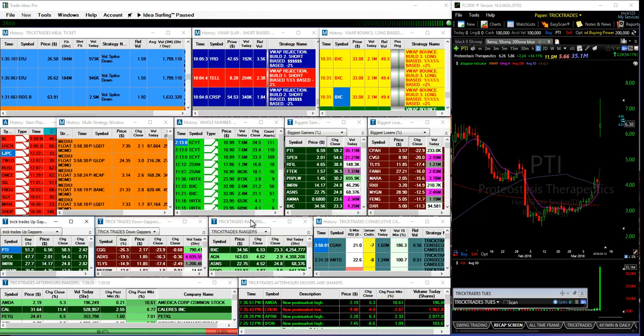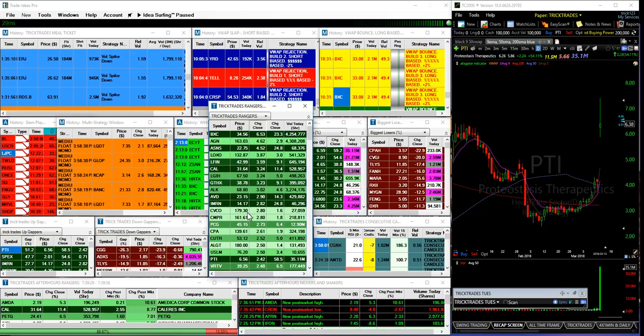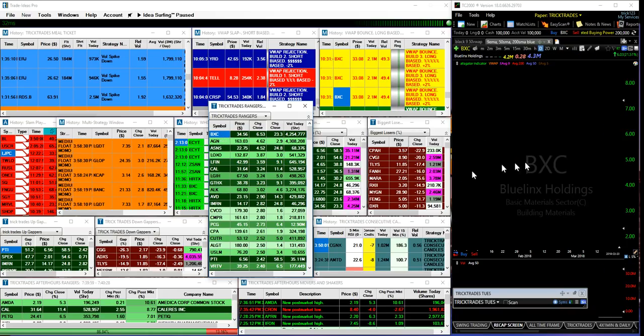Now the Rangers is a little bit different. It's a top list for pre-market, but this only finds the plays that have the most range. And I love stocks with range. It's not so much percentage for me, because I found a better way to teach my students is through range. And with range, you only need to take a very small amount of shares.